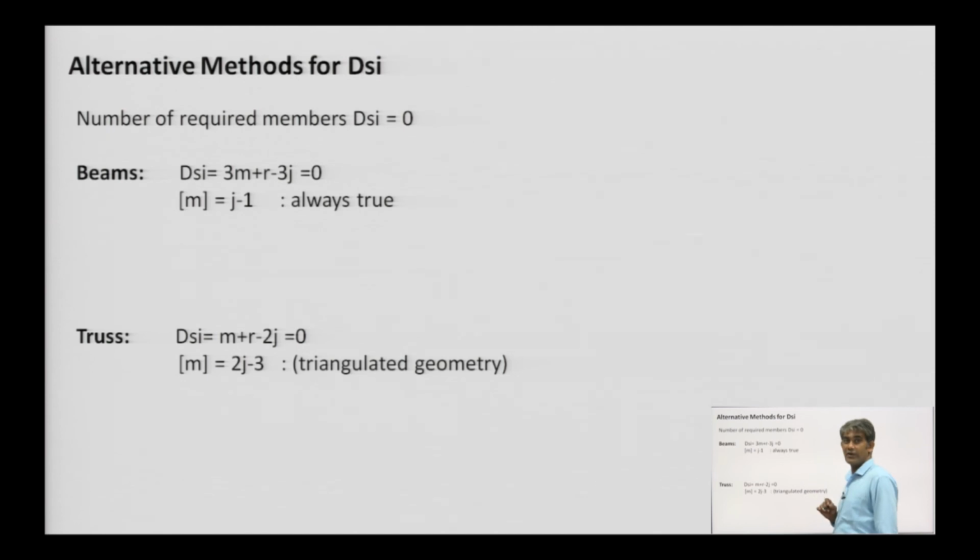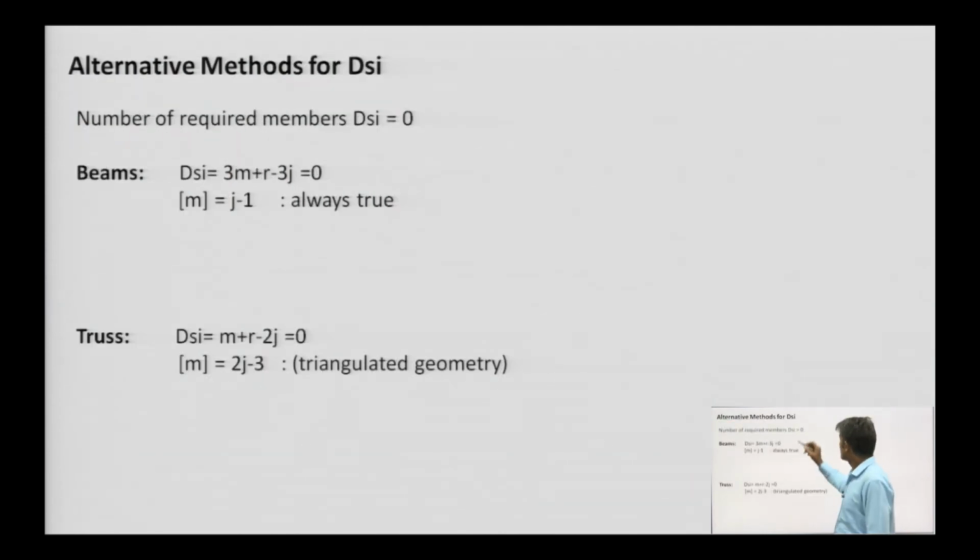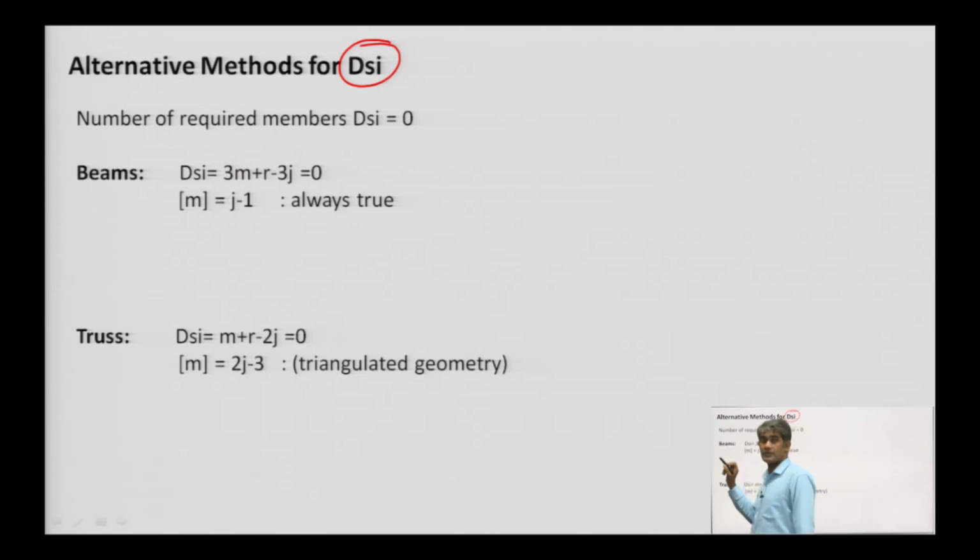Okay, I would like to tell you some alternative methods for calculating internal static indeterminacy. Let us talk about beam. In case of beam, we know that DSI is 3m plus small r minus 3j, which I derived in the previous slide.